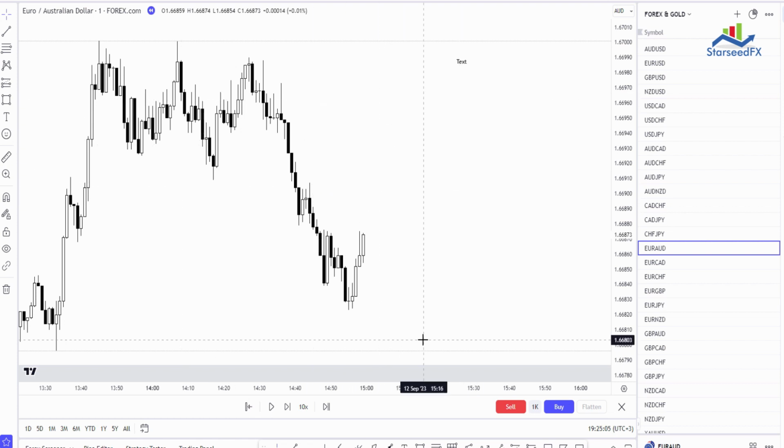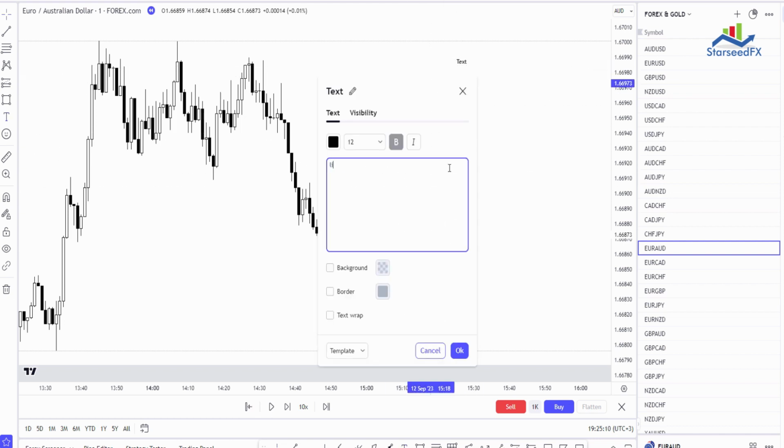First, let's review our checklist setup. We need to see liquidity being swept. We need to see a fair value gap, and we want to see a minor CHoCH.